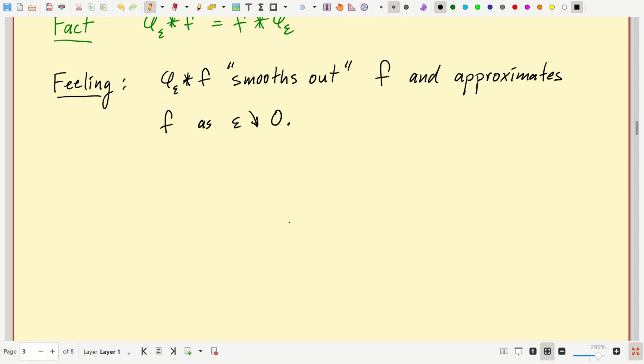So let's calculate. If I calculate phi sub epsilon convolved with f, that would be equal to the integral from minus infinity to infinity.